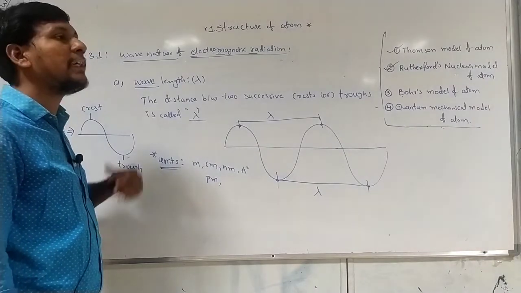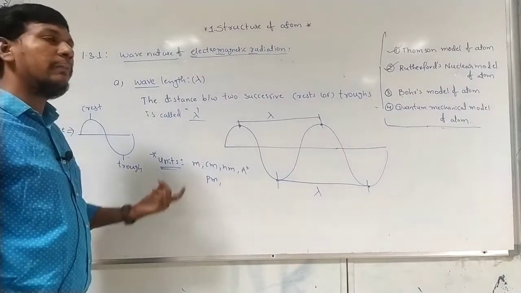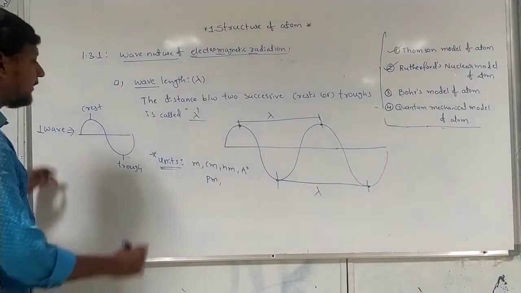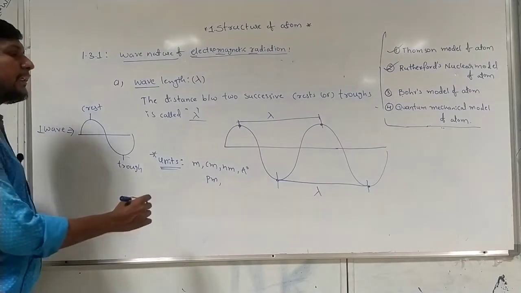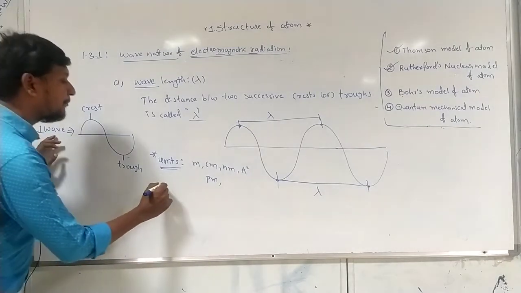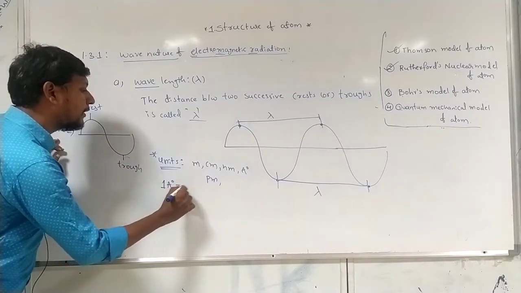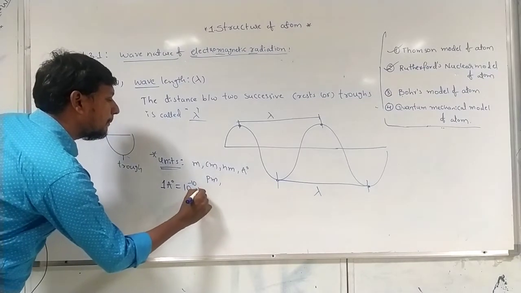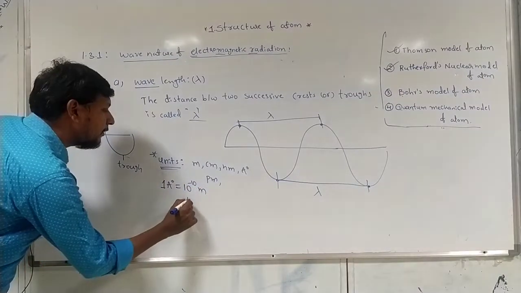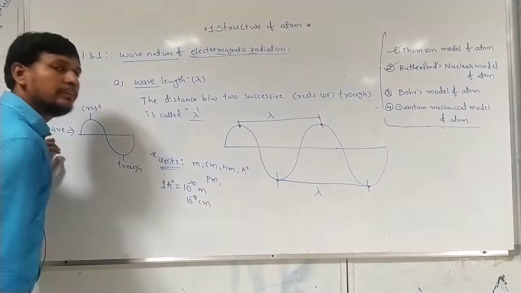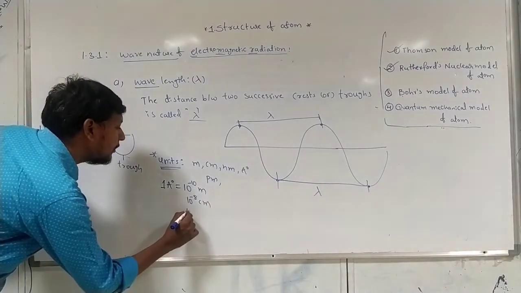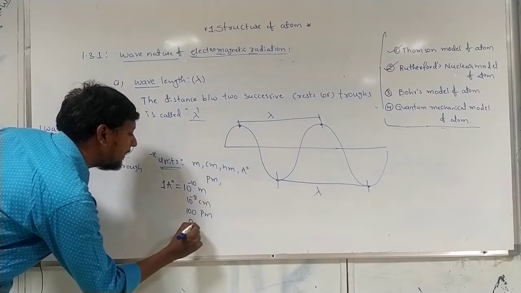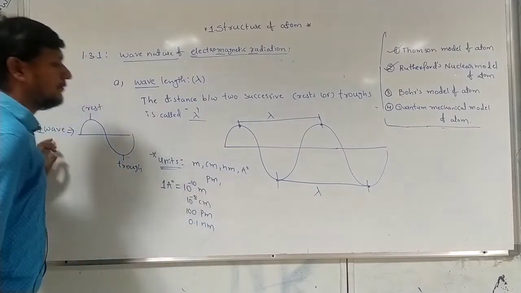Why? Because when we are solving numerical problems, we definitely need the information regarding unit conversion. Here I am writing some unit conversions. 1 angstrom is equal to 10 to the power minus 10 meters. 1 angstrom is equal to 10 to the power minus 8 centimeters. 1 angstrom is equal to 100 picometers. 1 angstrom is equal to 0.1 nanometers.